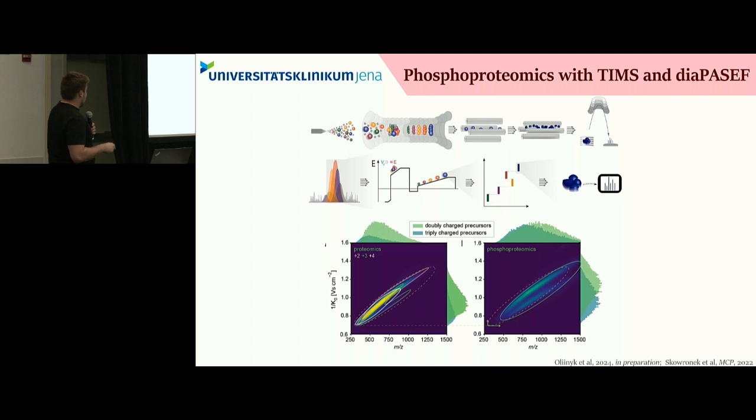In the end, the output data looks like this in 2D coordinates, where we can separate our peptides and phosphopeptides both by mass and ion mobility. And you can see the separation of peptides and phosphopeptides looks a little bit different.